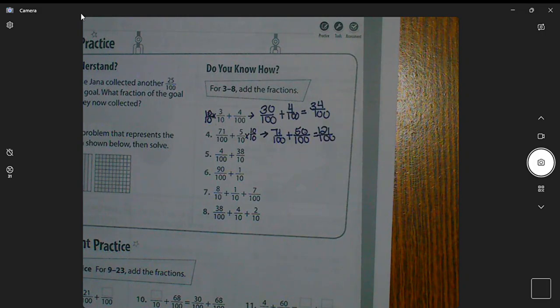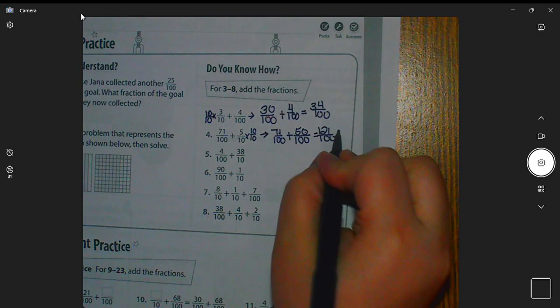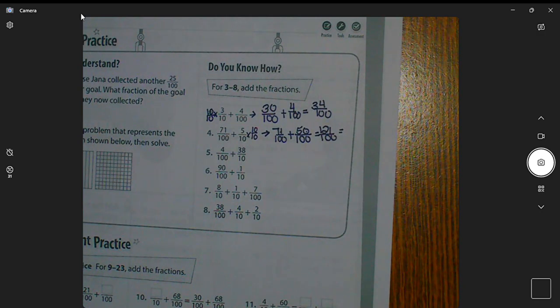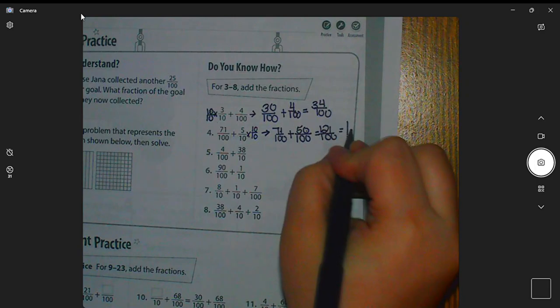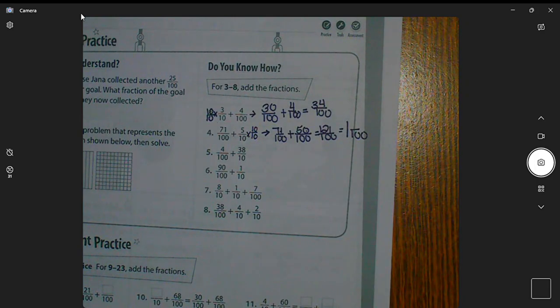I can't. You're right. How many 100s will fit inside of 121? How many 100s fit inside of 121? 1. There's only one 100 there. From 100 to 121 is how far? From 100 to 21 is how far?